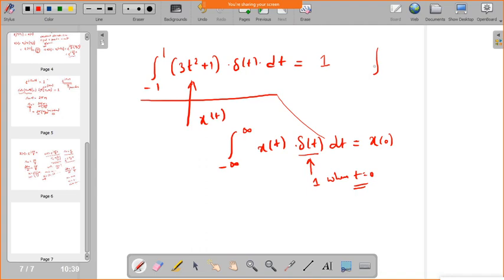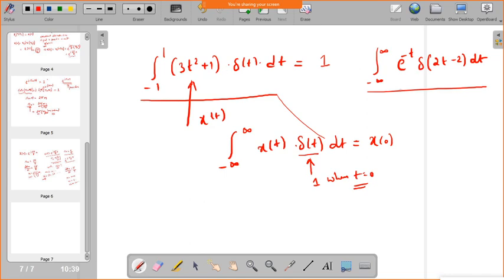In a similar way, just try to do this one: the integral from minus infinity to plus infinity of e power minus t into del of 2t minus 2 into dt. Find out the value of this. It will be helpful in 1 or 2 marks questions, it may be given, so that's why I am doing this.